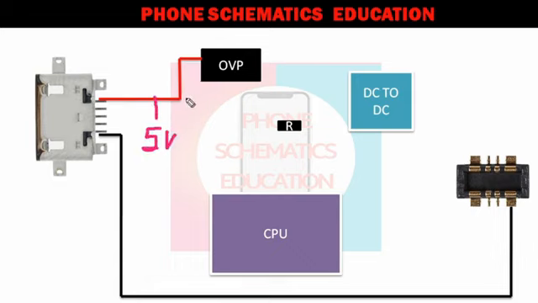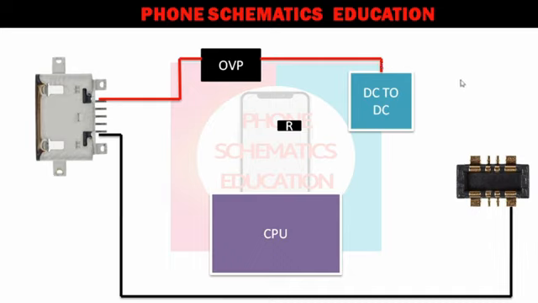When you check this line, you will also find some capacitors or filter caps, and 1 or 2 diodes, sometimes Zener or sometimes PN junction diode, right? On a parallel line connected, you will get 5 volt here also. After this, the line comes out from the OVP IC and goes to the charging IC, your DC to DC IC.